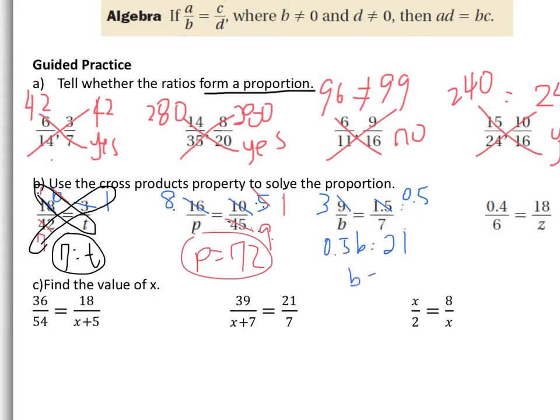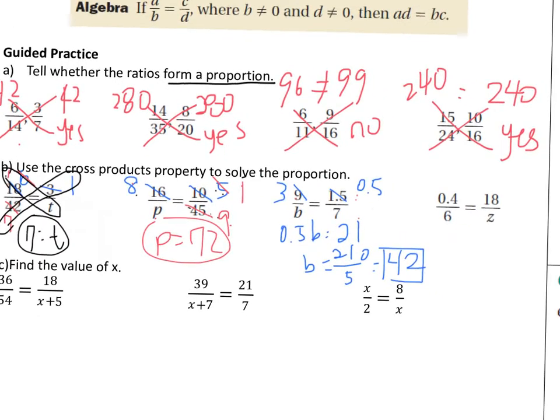Then I'm going to divide both sides by 0.5 to get 210 over 5. And then I'm going to simplify further to 42. Let me box the answer. Let's take a look at the next problem.